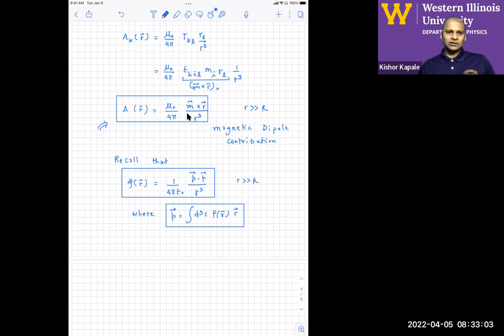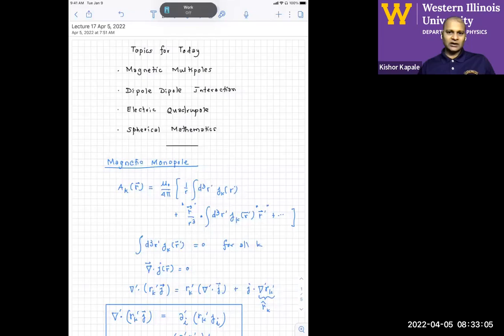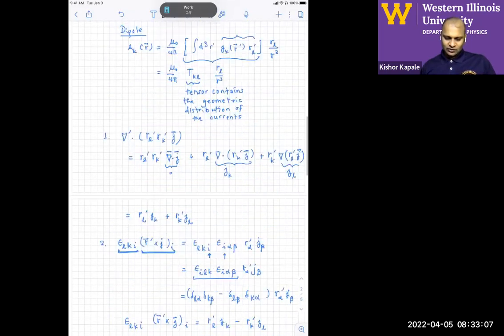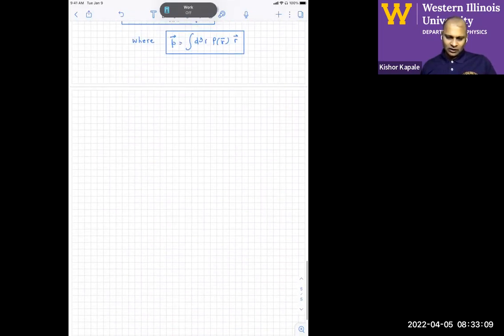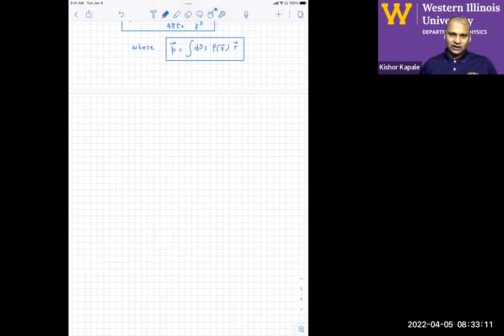So let's now go to the dipole-dipole interaction. This is going to be done in the context of the electrostatic situation. Okay, so that's what we are doing, dipole-dipole interaction.